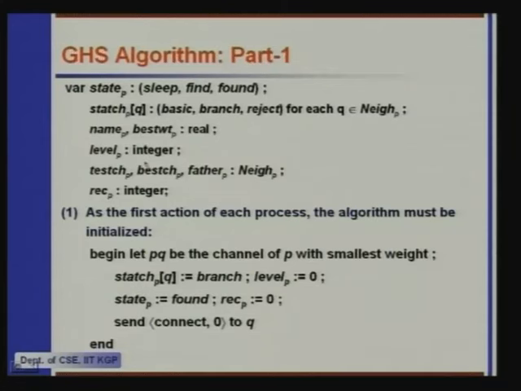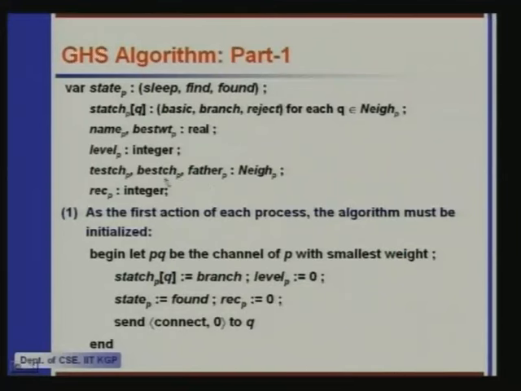Level P is the level of the fragment to which P belongs. Test CH P is again a pointer to a neighbor along which we have sent a test message to determine whether an edge belongs to the same fragment or belongs to a different fragment, okay. And best CH P is the pointer towards the best outgoing channel, okay.